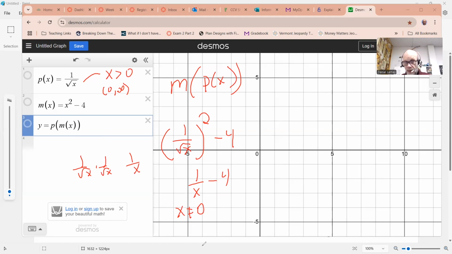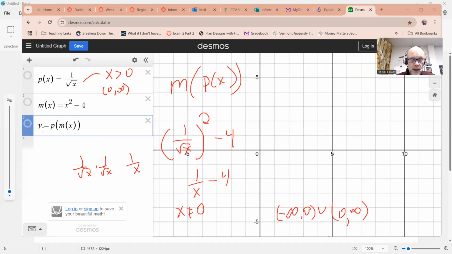And the domain in interval notation would be -infinity to 0 and from 0 to infinity. We've got to skip over the 0. So then let's graph it and see if I'm right about this. I'm not, but we'll talk about why here.